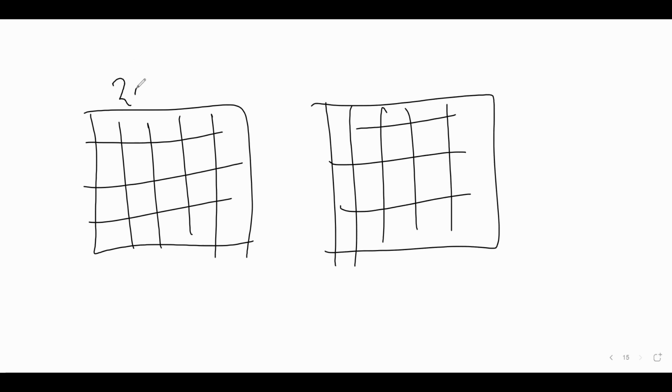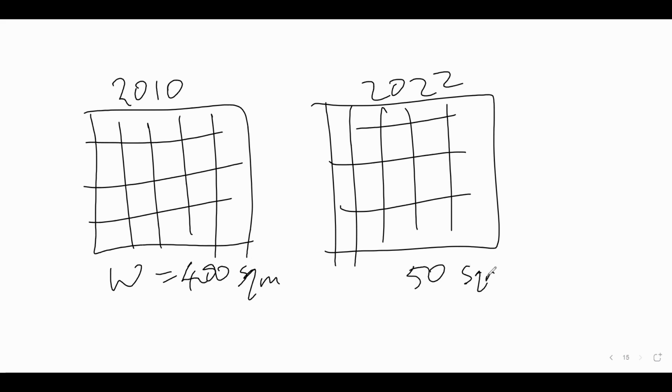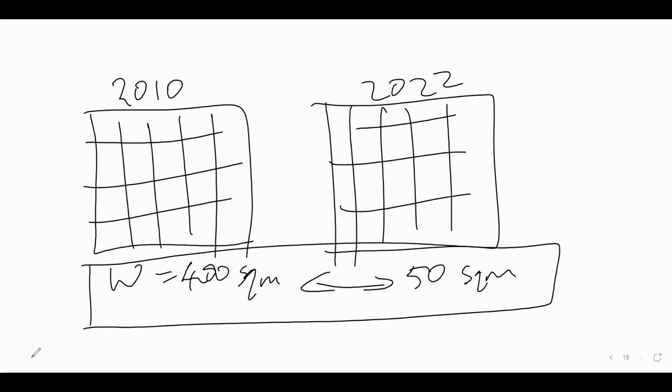This is 2010, this is 2022, and we have got our wetlands. Our area is 400 square meters, and then here we say 50 square meters. If you have made an error, somebody is going to make a decision based on that error, and it could be catastrophic. It could also be the reverse. So we need to know how accurate our classifications are.